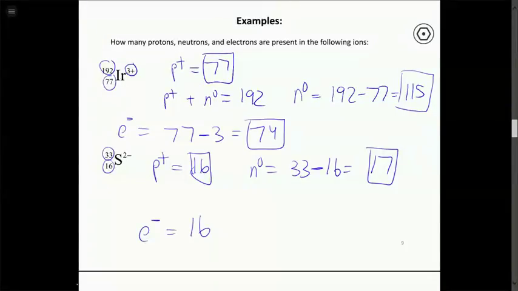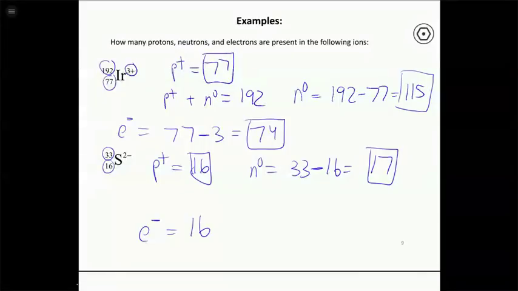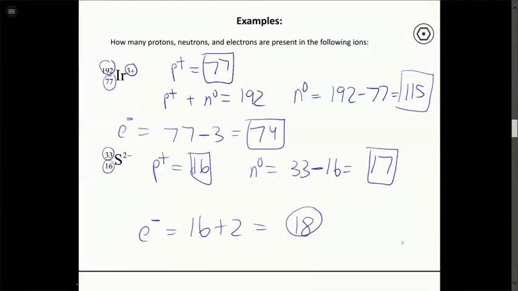The neutral sulfur would have also 16 electrons. We have 2 additional negative charges in this case. So that means we have to add 2 more electrons to get a net negative charge, which means we need to have 18 electrons. All right, so positively charged ions have fewer electrons than protons. Negatively charged ions have more electrons than protons. And it's this that accounts for that negative 2 charge.